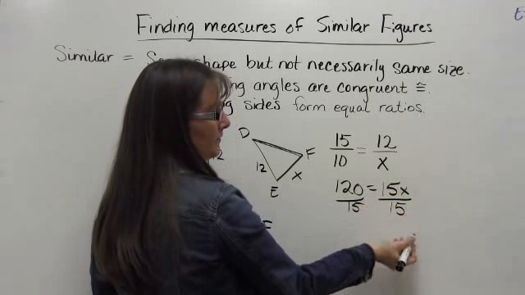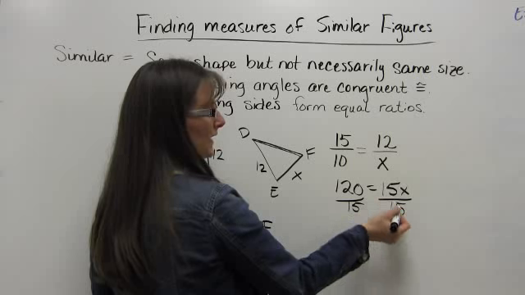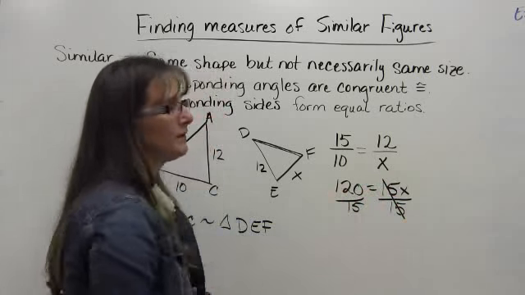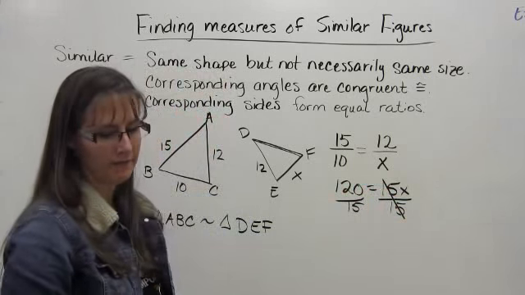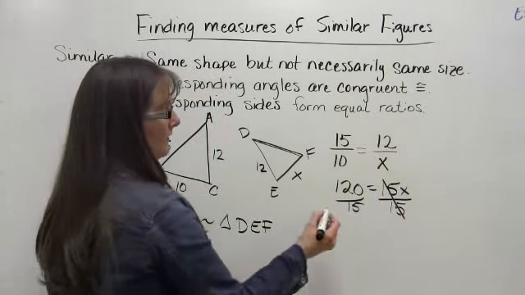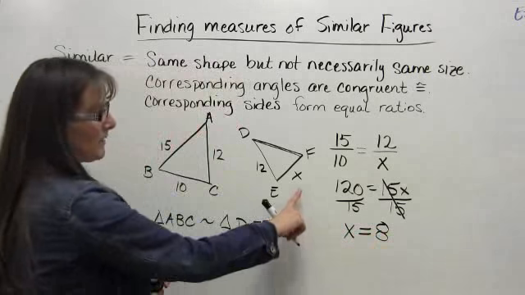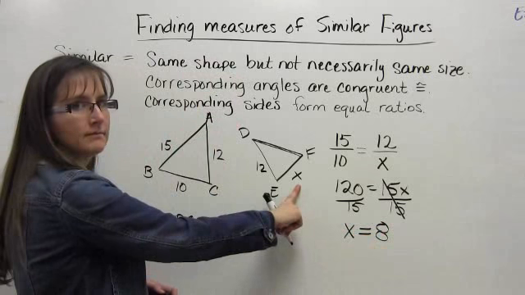My 15s cancel out because 15 divided by 15 is 1, and 1 times x is x, which is what I want. Now I just need to divide 120 by 15, and I find that x is equal to 8. So my missing side length here is 8.